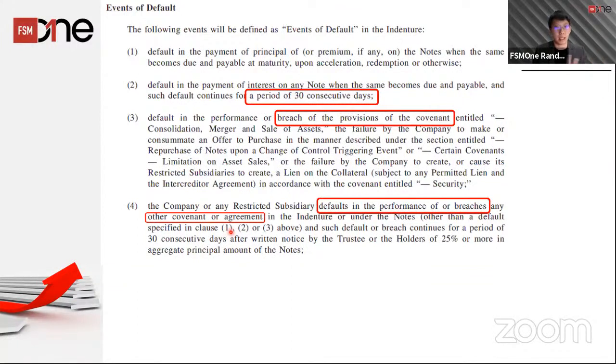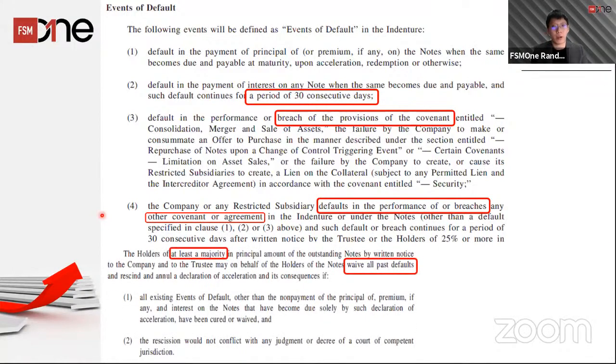But remember I said anything other than missing payments falls under the category of technical default. It's not an actual default. So we have to check whether they have any additional clauses giving precaution here.